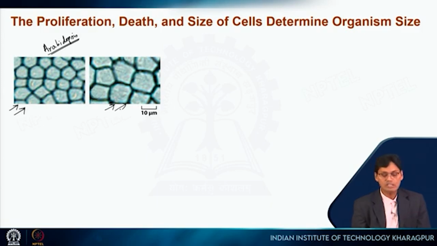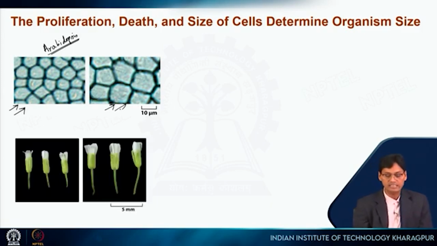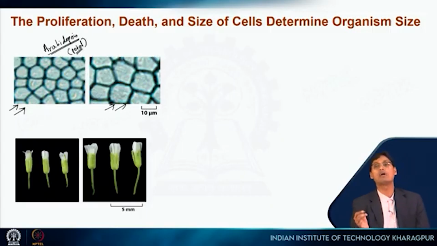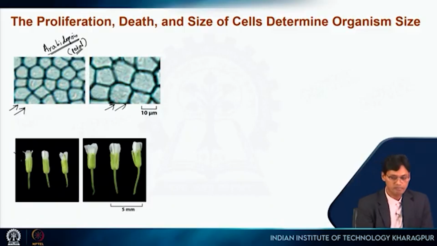But finally, what will happen because of that? The cells I am showing here are from the petal. Petal means the part of the flower, right? So this is the petal. As a result of that, now you see the flower size. This is the normal Arabidopsis plant.